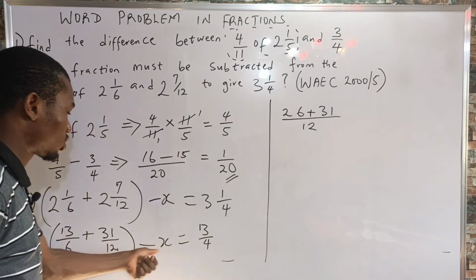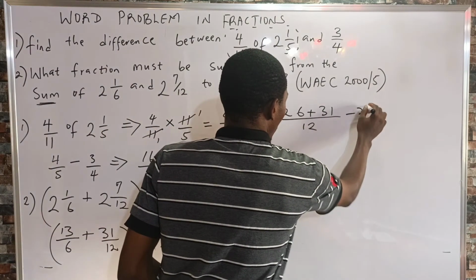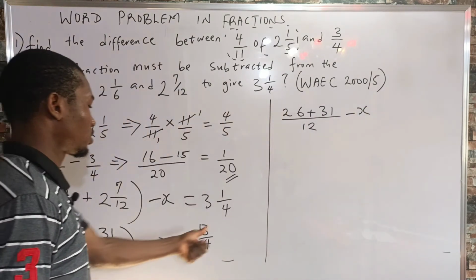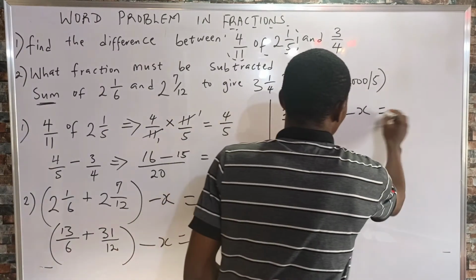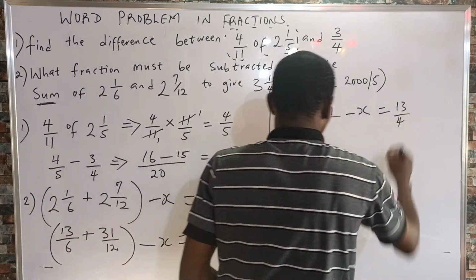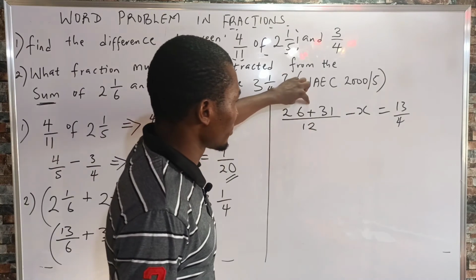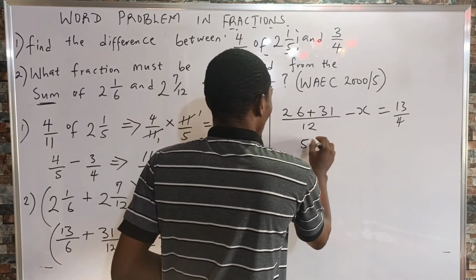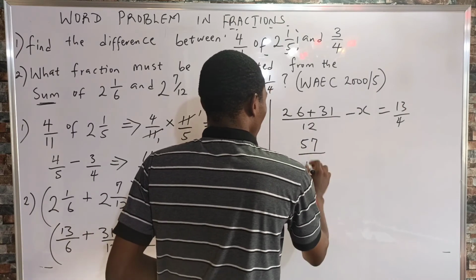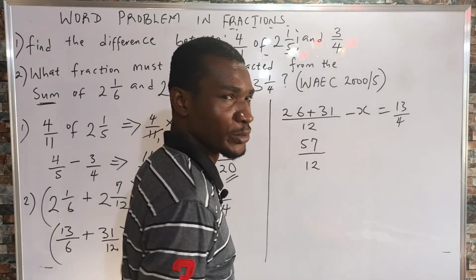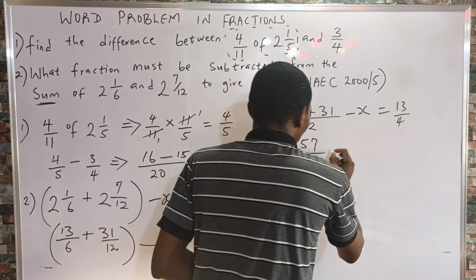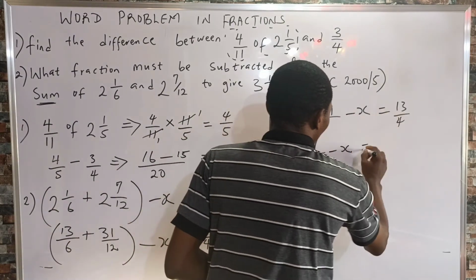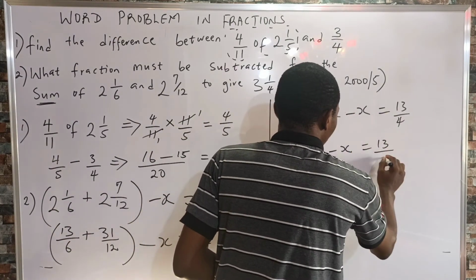Then minus x, and that is equal to 13 all over 4. Then 26 plus 31 will give us 57. So we have 57 all over 12. Very simple. Then minus x, and that is equal to 13 over 4.